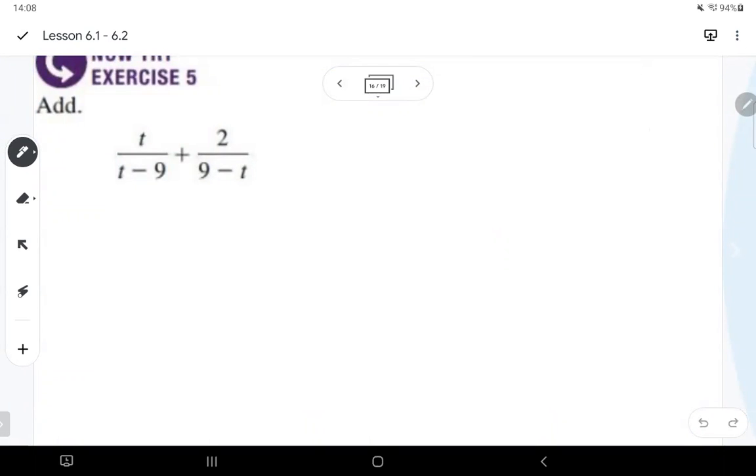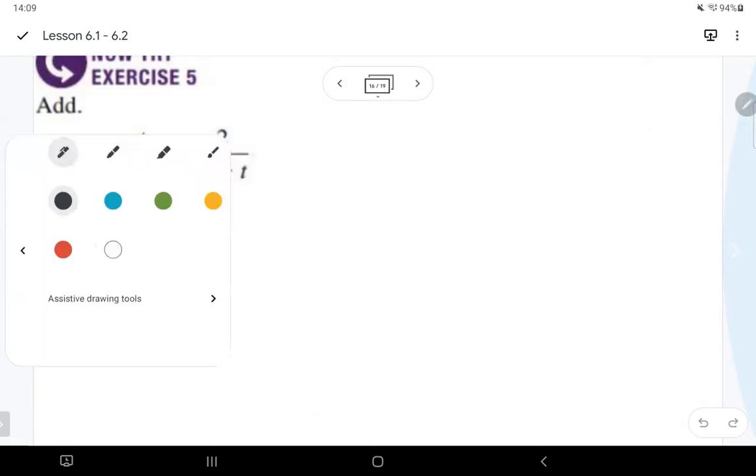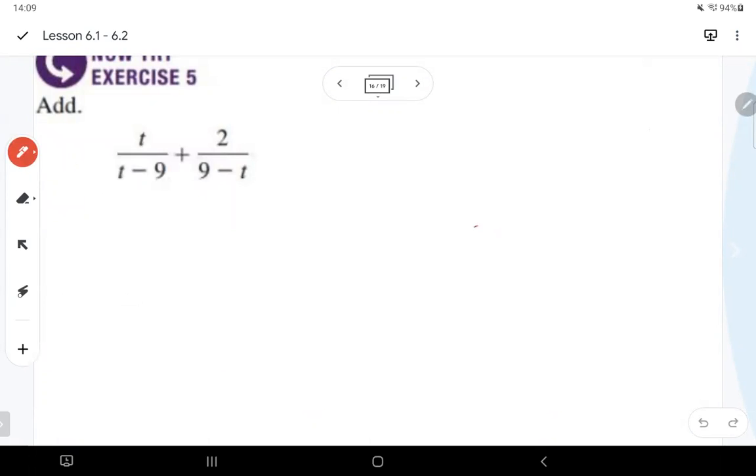So for this one, we have to figure out our LCD. And what's good to know is that these are basically the same. Here's the small difference.